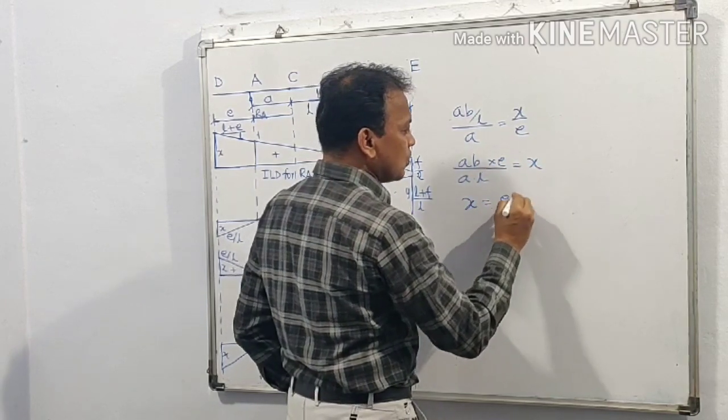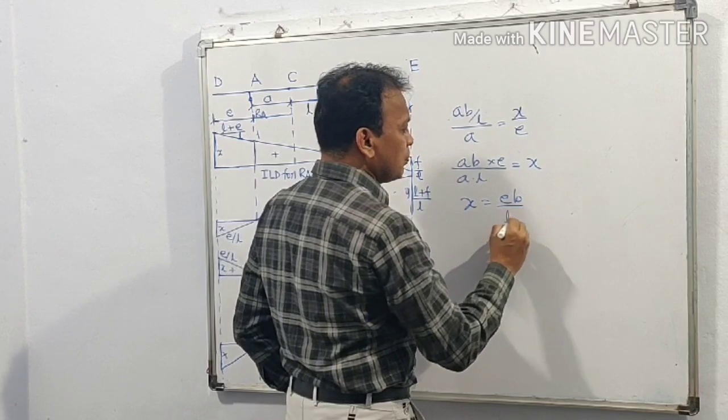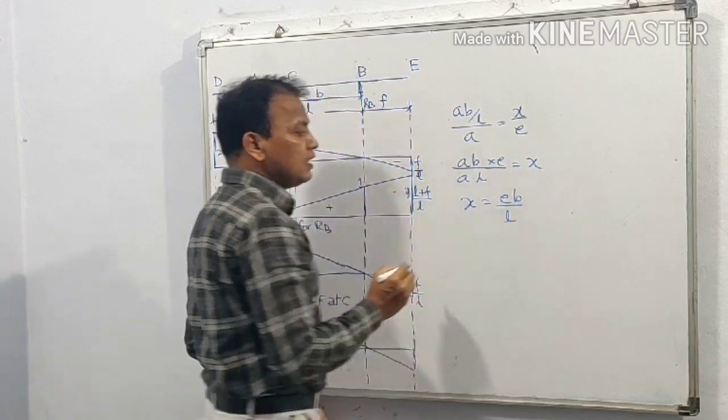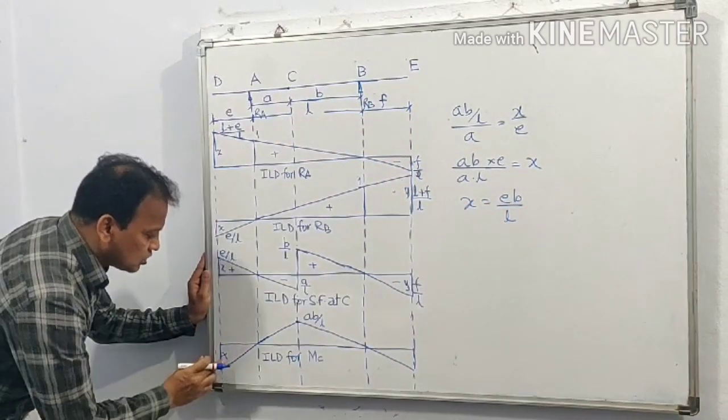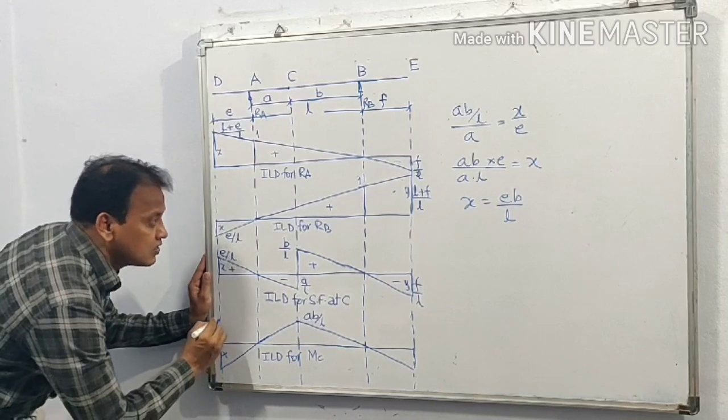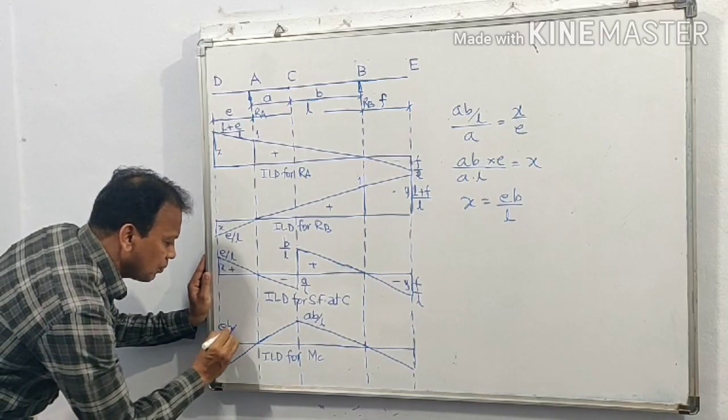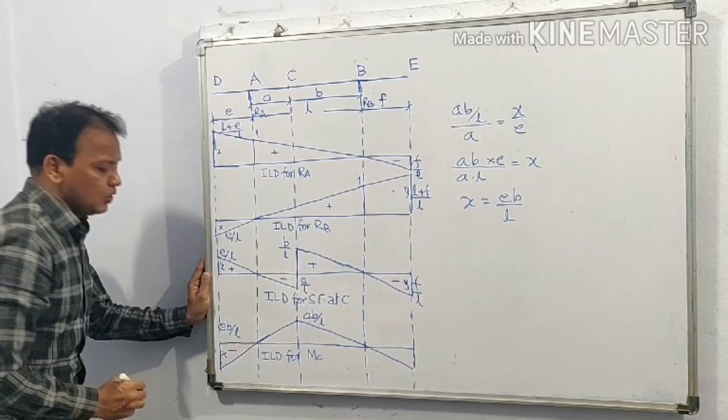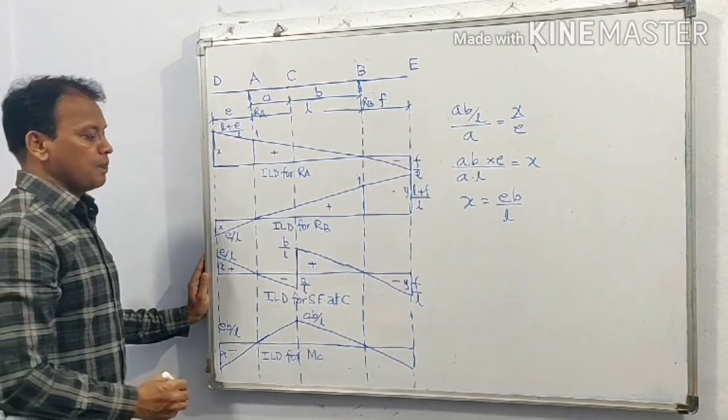Therefore x is equal to EB upon L, as A will get cancelled. So this ordinate we are getting, that is EB upon L, and this is below baseline, therefore negative.